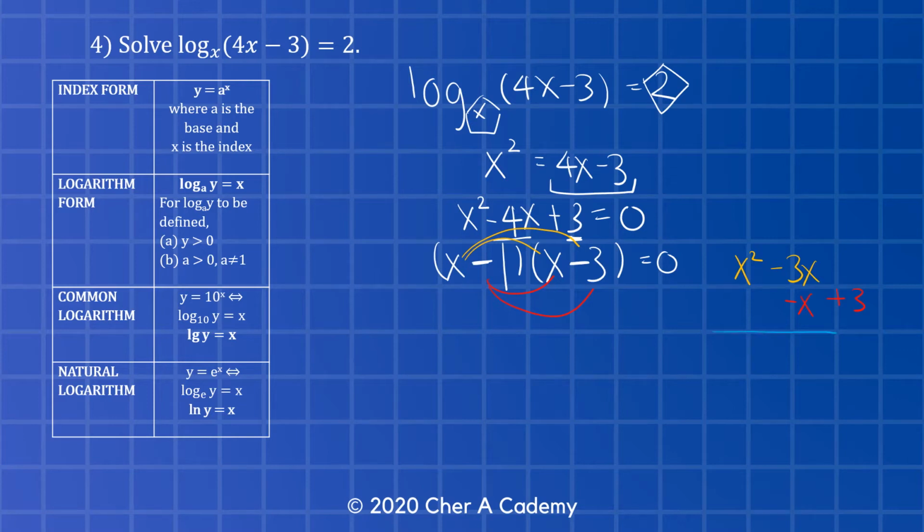So in summary, I have x squared minus 4x plus 3, which means my factorization is correct. So back to solving my x. Then I'll have x minus 1 equals to 0, or x minus 3 equals to 0. So my x is equals to 1, or my x is equals to 3.